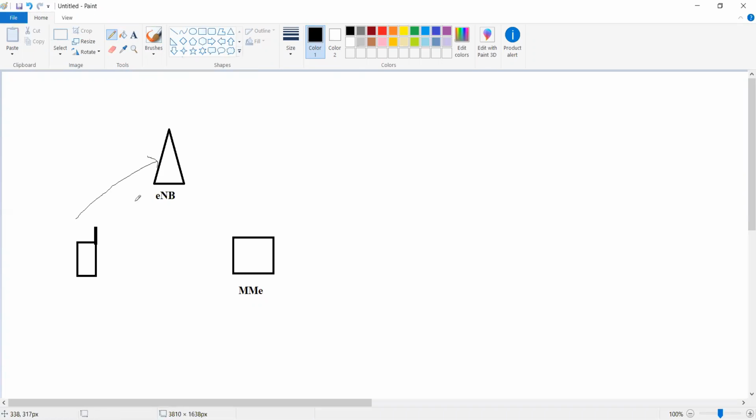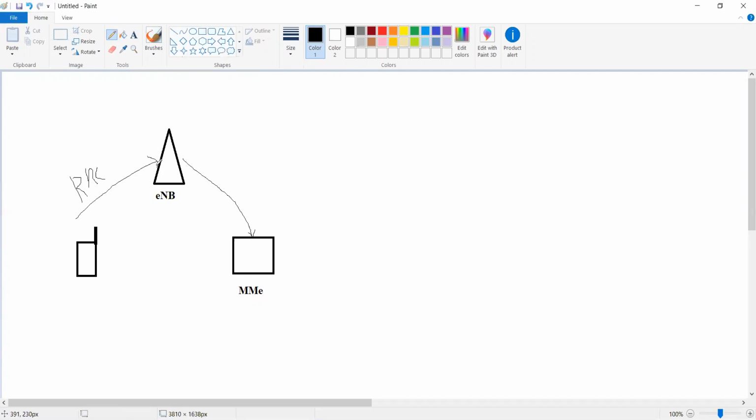And it also has a connection with MME. So it is RRC connected and connected to MME whenever UE comes into connected mode.